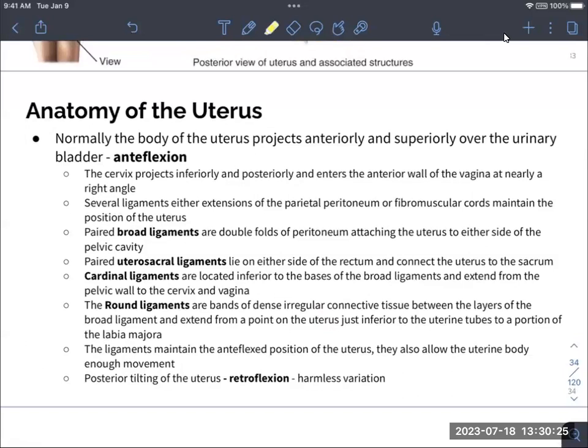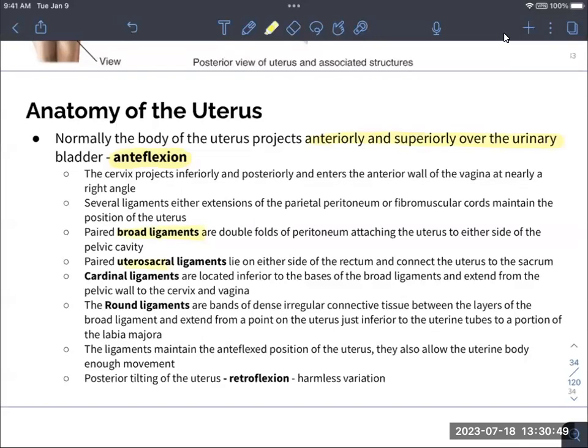The uterus normally sits in what is known as an anteflexion position. So it sits anteriorly and superiorly over that urinary bladder. The cervix is going to go inferior and posterior. Then we have all those different ligaments we mentioned, that broad ligament.